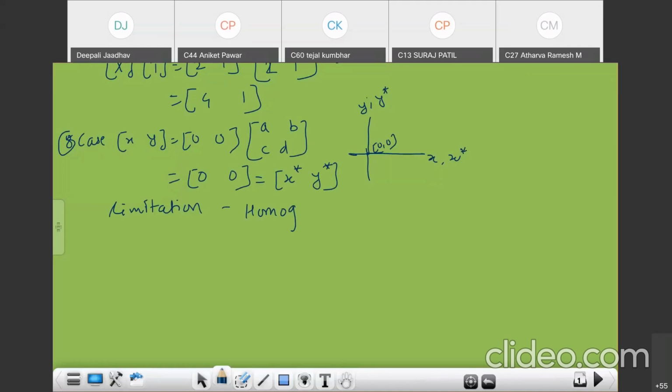What are homogeneous coordinates? We are going to study them in detail afterwards. Only remember that it is not possible to transform the origin point 0, 0. That is the limitation of 2D transformation of a point. But this is possible with the help of homogeneous coordinates, which we will see in detail afterwards.